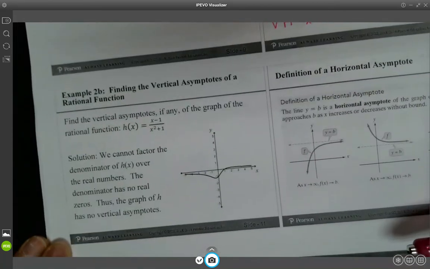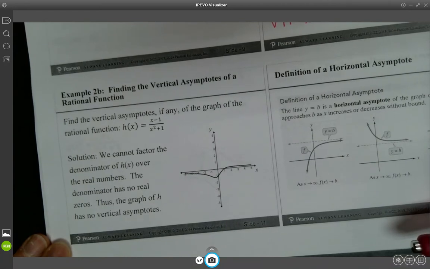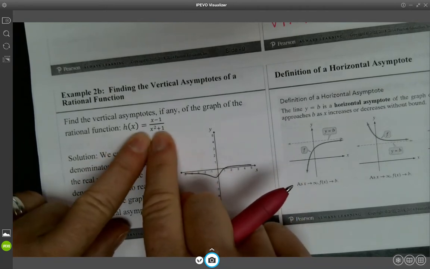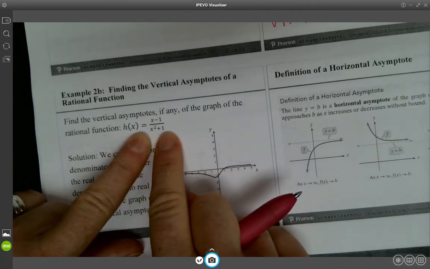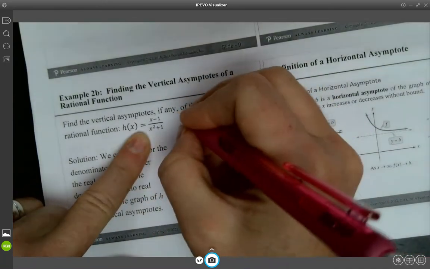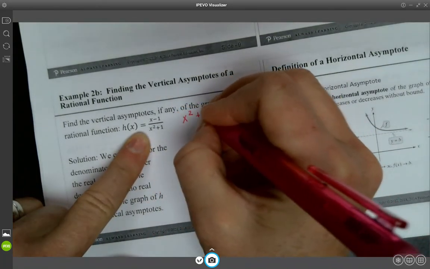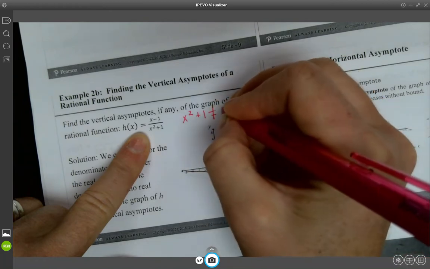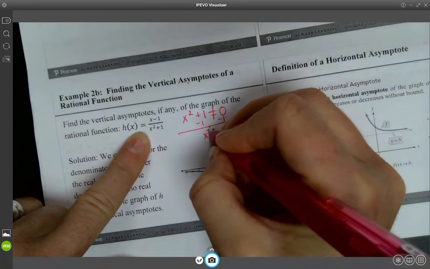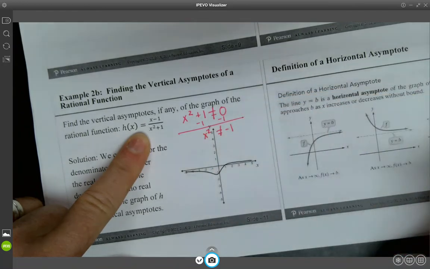Okay. So then finding vertical asymptotes of a rational function. Here's another one. It gives us an example. So look at x squared plus 1. I can't factor that, but I can set it equal to 0, see if we have any restrictions on our domain. X squared cannot equal -1.